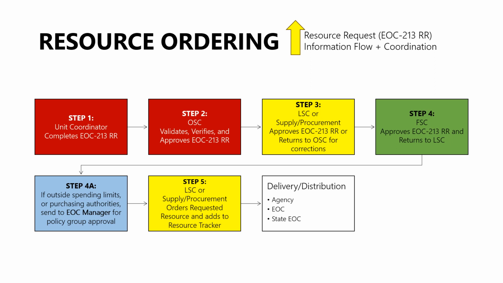The operations section is also going to determine whether that resource request is available from other departments and functions within the operations section. Maybe we can reach out to another unit that may have that resource available to send over, and then we don't need to include the logistics section. If the resource request is not available through those sources, then we're going to need to forward that 213RR to the logistics section.